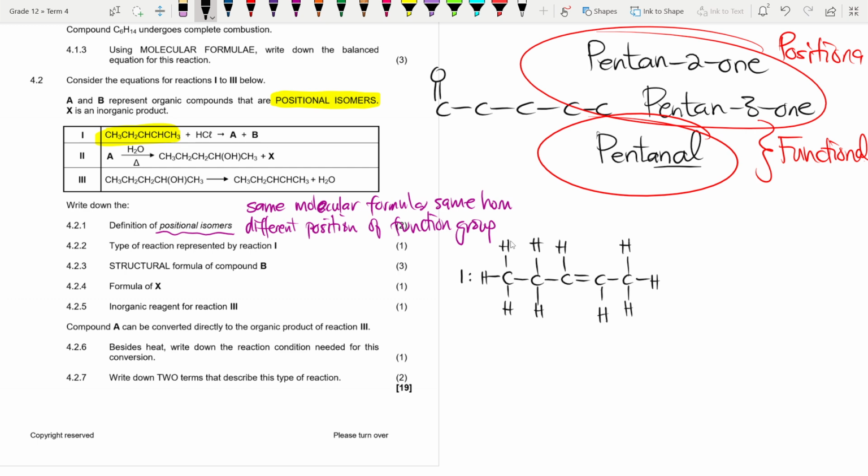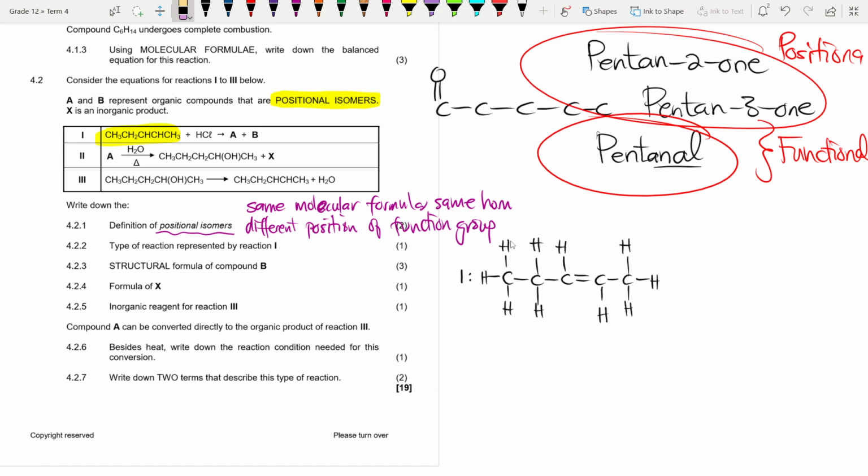You can count the number of C's: 1, 2, 3, 4, 5. Then the C's in the middle all have 1 hydrogen attached to them. And that should mean to you that there's a double bond right in the middle. If there were no hydrogens, then there would be a triple bond in the middle.